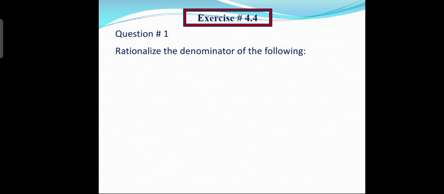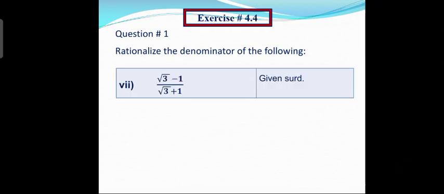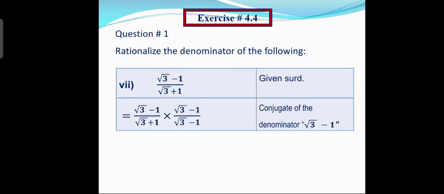Question number 1, part 7. The given surd is square root of 3 minus 1 over square root of 3 plus 1. Now you can observe the numerator and denominator both are binomial surds, but we are going to rationalize the denominator. We are going to remove this binomial surd from the denominator.